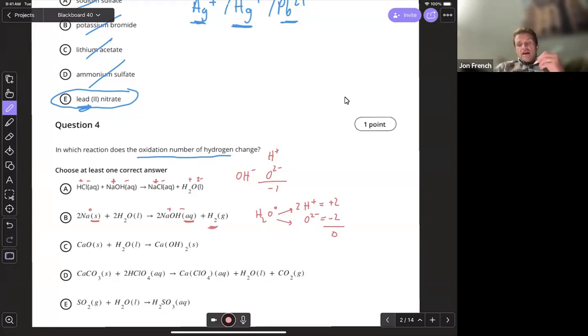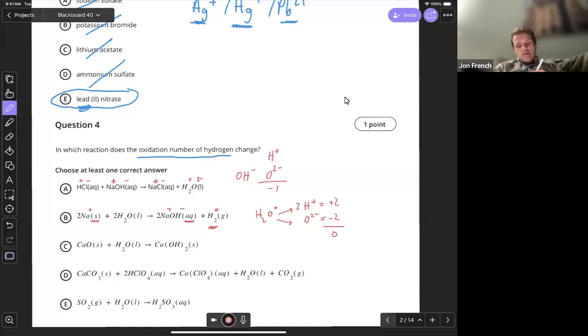In hydrogen gas, any diatomic, the charge on the diatomic is 0, and each hydrogen has to be 0 because it's H2. I can't say one hydrogen is +1, one hydrogen is -1. The whole thing is neutral, and we can't assign a charge to either hydrogen.